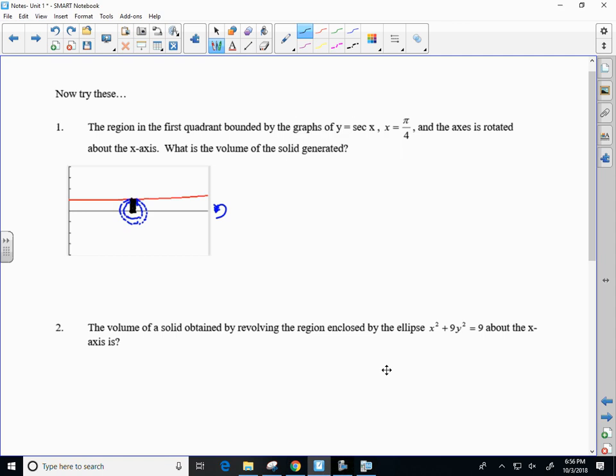So, that arbitrary rectangle is tracing a circular path around the x-axis. Right, so it's working its way around. But what's happening is we're going to get a shape that looks something like this.